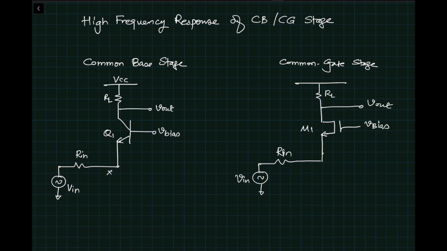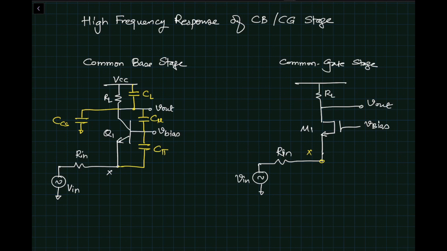Now we will add the capacitance, the transistor model capacitances for both sides. C pi, then we have C mu, then we have CCS, and we have CL, which is across the RL. So there is a slight difference in case of a MOSFET stage.